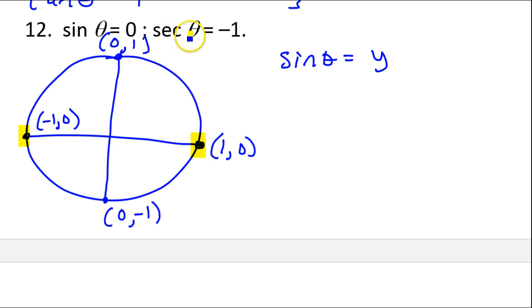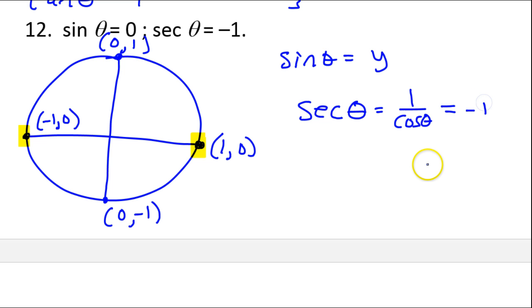But we also need the point where the secant is negative 1. So you got to remember what the secant is. The secant is the reciprocal of the cosine function. So that means the reciprocal of the cosine function is somehow equal to negative 1.